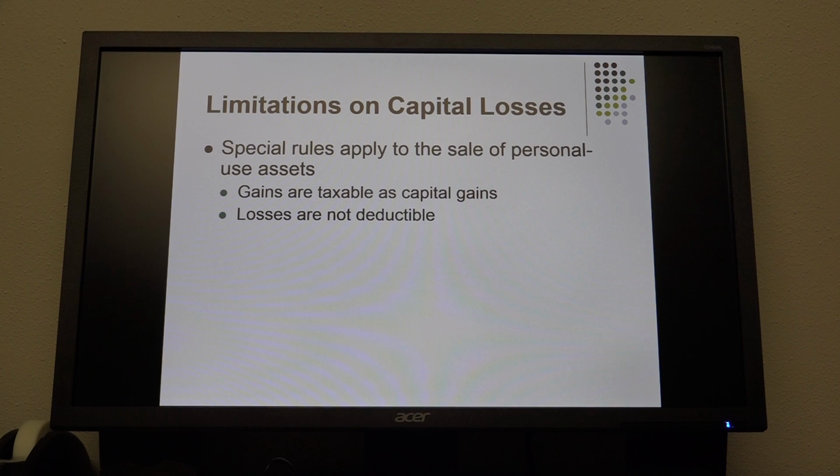Remember, when you have capital losses, if it's from the sale of personal use assets, certainly any gain from the sale of personal use capital assets is taxable as a capital gain, but any loss due to the sale of personal use assets is not deductible.